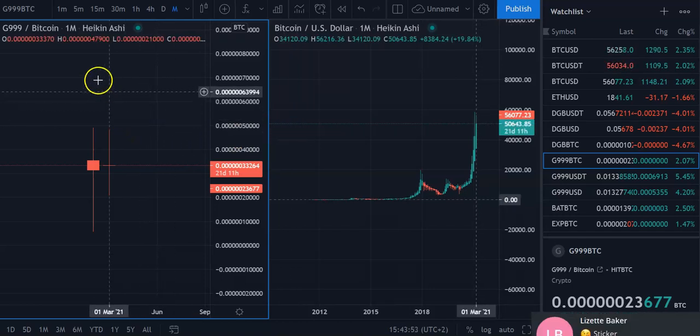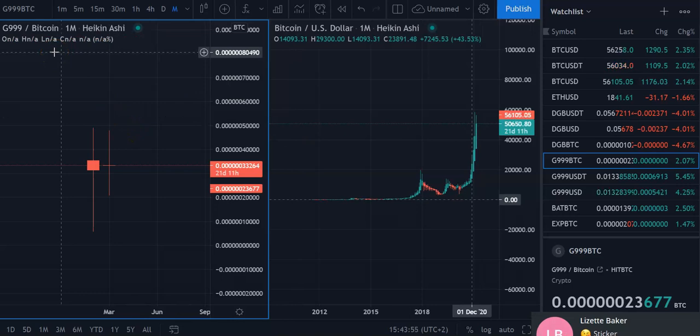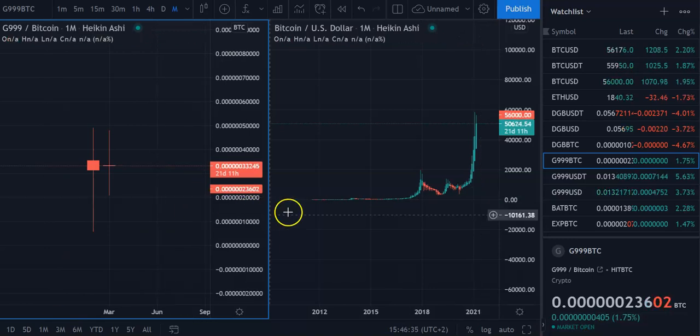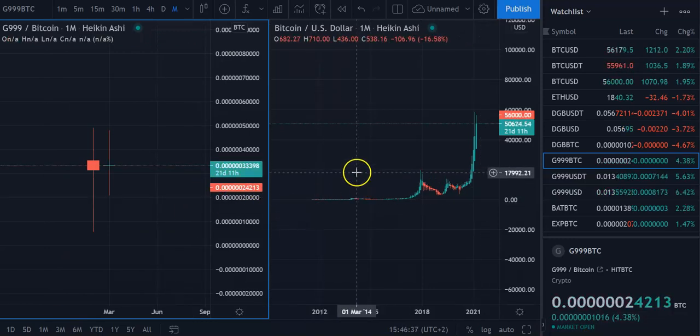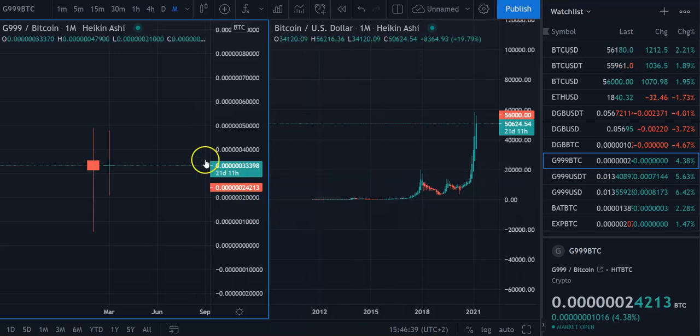The one chart is G999, and the other chart is the Bitcoin US dollar on Bitstamp.